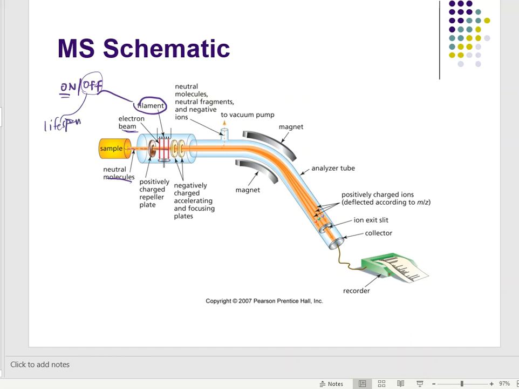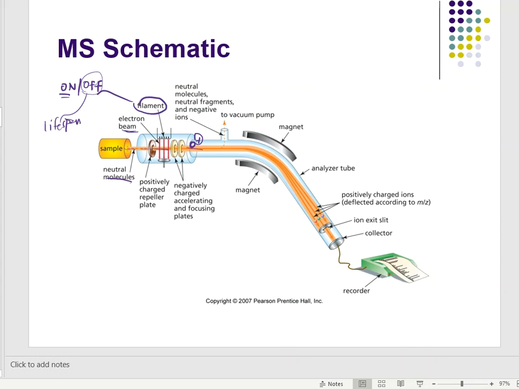That filament will go out over a course of time and it has to be replaced, and it's not cheap. So you really only want to use the filament when you absolutely have to. It expands the lifespan. So the electron beam slams the particle. And then what we end up seeing is a positive piece that gets created in the mass spectrometer.